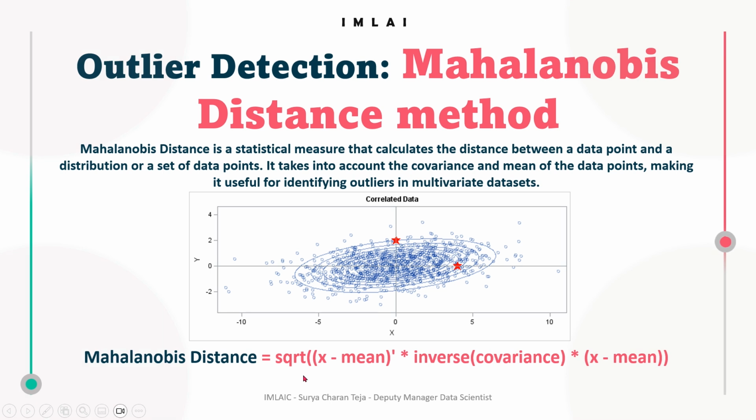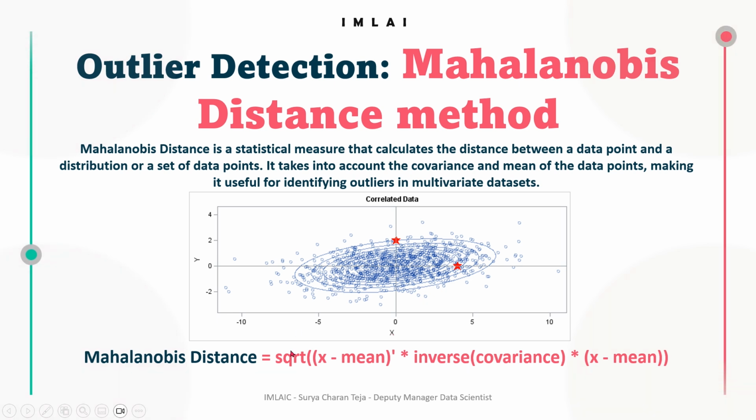Using this: Mahalanobis distance is equal to the square root of (x minus mean) multiplied by the inverse of the covariance, and the whole thing multiplied by (x minus mean).